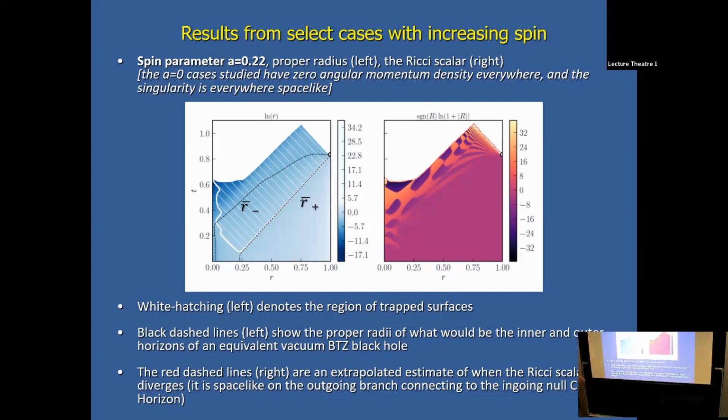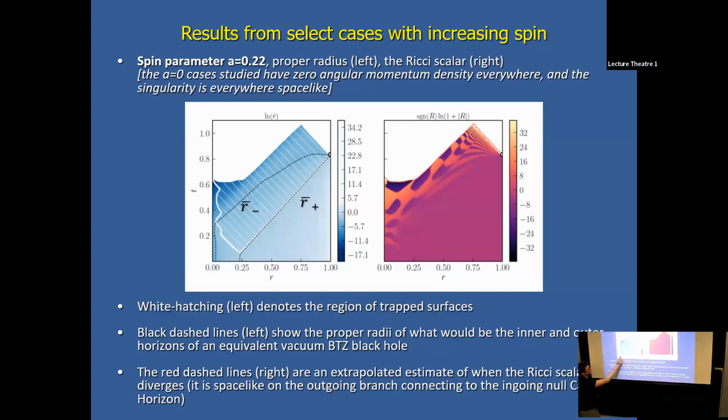Let me explain this plot. On the left, the color coding on this scale depicts the proper circumference, the R bar coordinate, which is a function of our R and T. These are the coordinates that give us the Penrose diagram. The right one is the Ricci scalar.